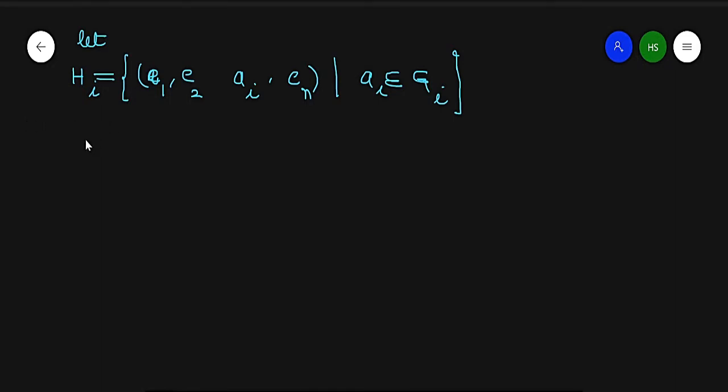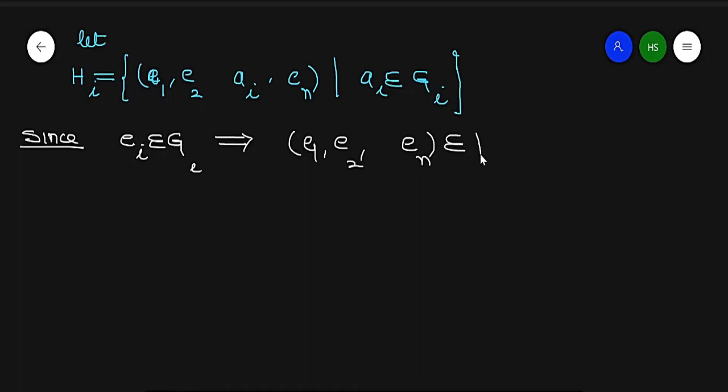So it has three properties. To prove it is a subgroup, first prove it is non-empty. Since Ei belongs to Gi, clearly E1, E2 and so on up to En belongs to Hi. It implies that Hi is non-empty.